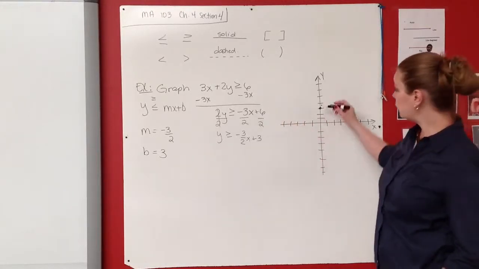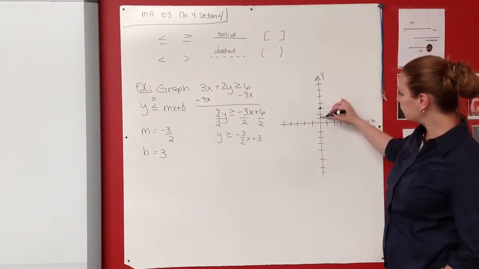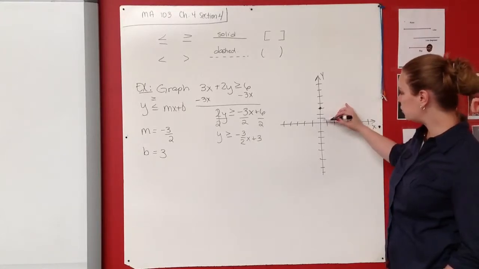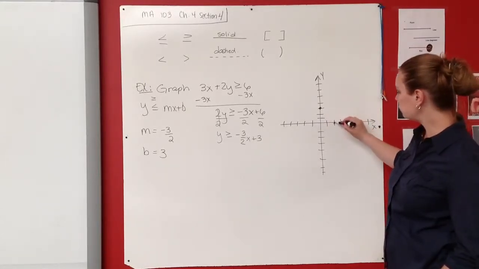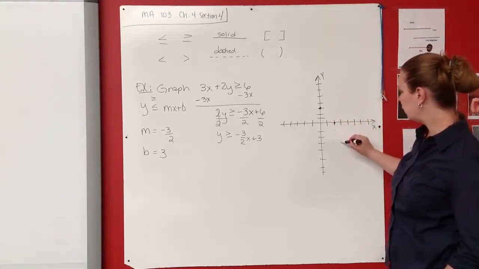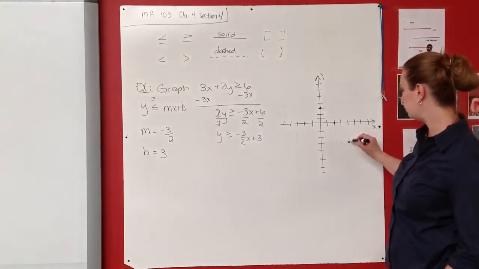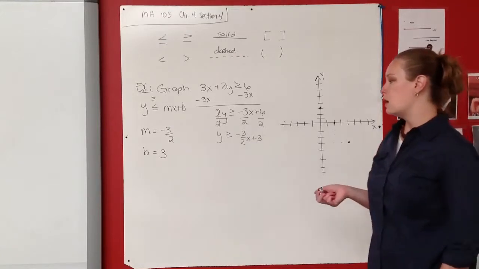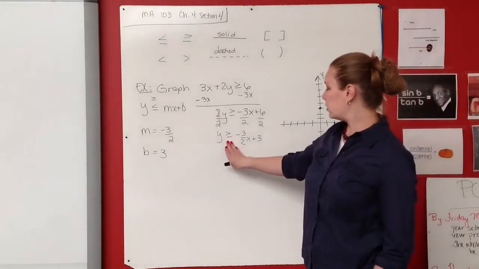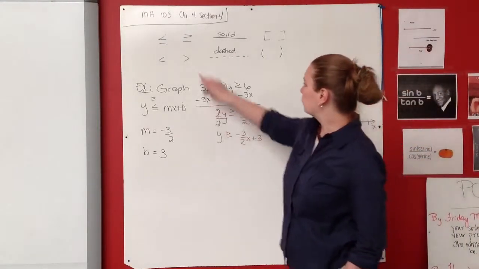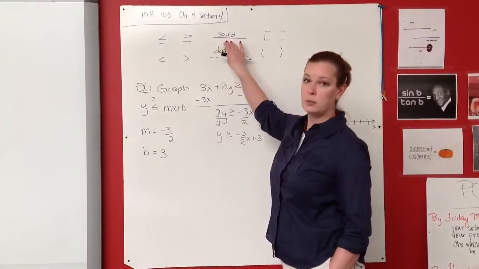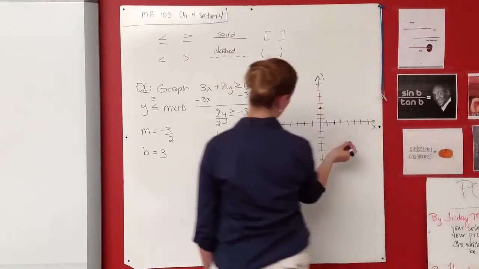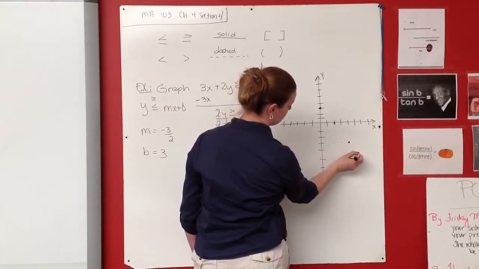So we have negative 3, which means from here we go down 3, and then positive 2, so we go over 2. Down 3, over 2. And you can keep going, infinitely since it's a line. It doesn't matter. Okay, so now I want you to notice that we have a greater than or equal to. Greater than or equal to means we connect the points using a solid line. So we're going to connect all these points using a solid line.